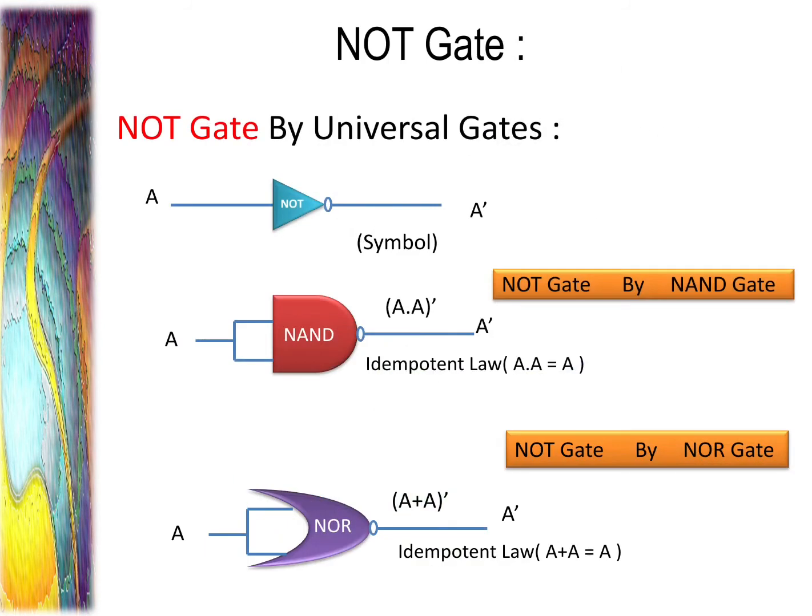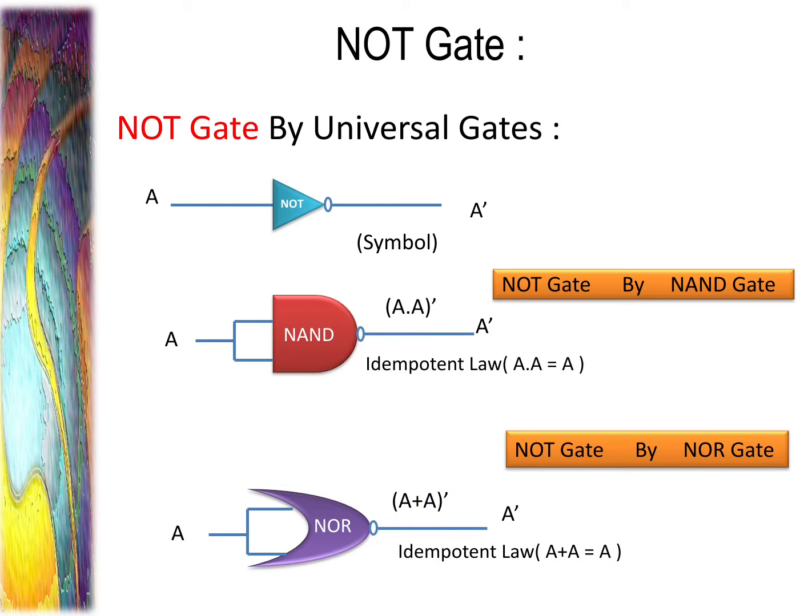And see the demo of NOT. I'm showing you a simple gate. First of all, the simplest gate I am showing you by using NAND and NOR. But you have to remember the Boolean laws, because in this video we have to use Boolean laws.